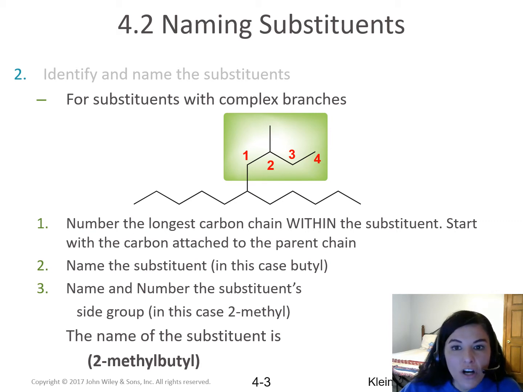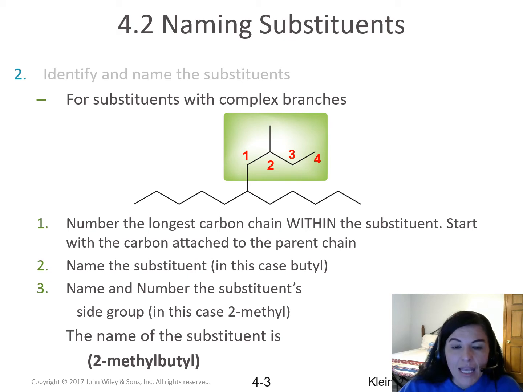And you have to start with the carbon that is attached to the parent chain. Looking at this example, I see that I've got a substituent that is a chain, but then there's 1 carbon coming off of that chain. Well, I number the longest chain of carbons I find in the substituent. In this case, it's 4, so it would be butyl.